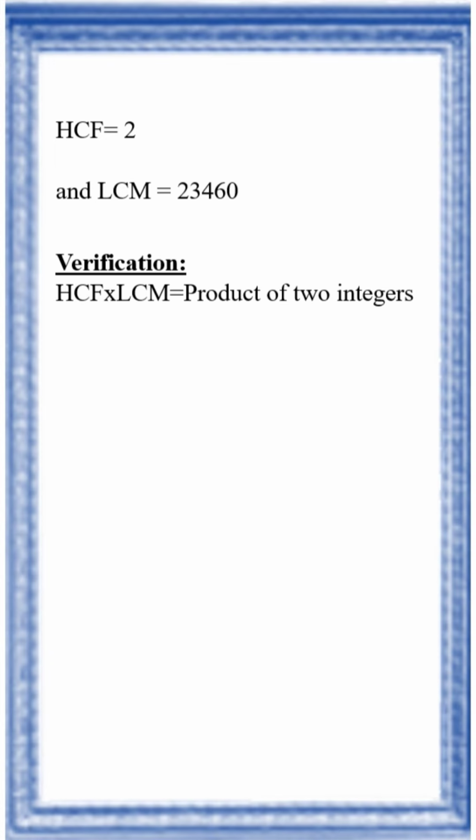Now let us verify. We have HCF equal to 2, LCM equal to 23,460. HCF into LCM is equal to product of the two integers. HCF is 2 into LCM is 23,460. If we multiply, we get what?